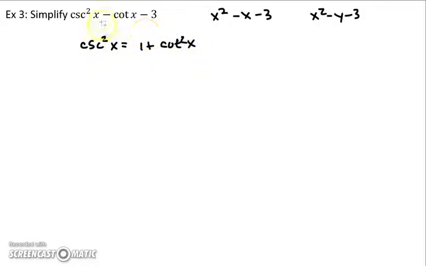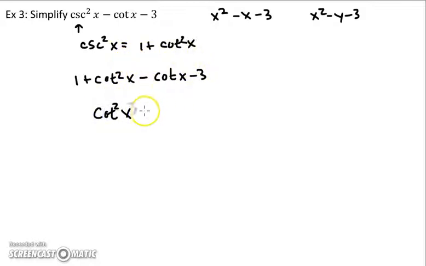So we can make that substitution for cosecant squared of x. We're going to get 1 plus cotangent squared of x minus cotangent of x minus 3. Combine our like terms, and we're looking at cotangent squared of x minus cotangent of x minus 2. Now since our cotangents agree with each other, we can think about this just as x squared minus x minus 2, because we have the agreement now.